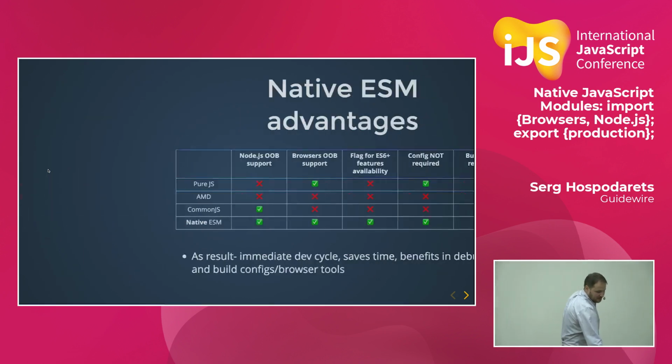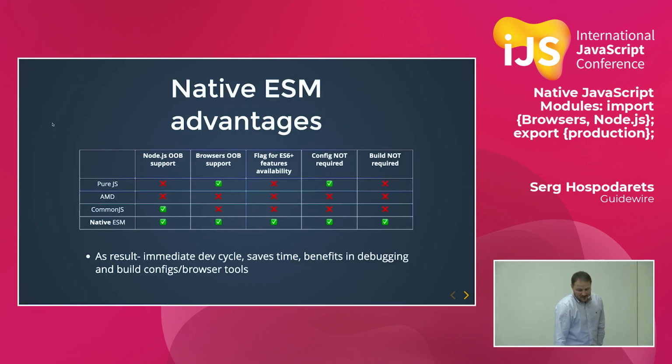So what will native modules give you? Take a look once again. Node.js has out of the box support: it supports only CommonJS and native ECMAScript modules. Cool. Let's go to browsers. Browsers support out of the box pure.js and native ECMAScript modules. You see, ECMAScript modules are still there.